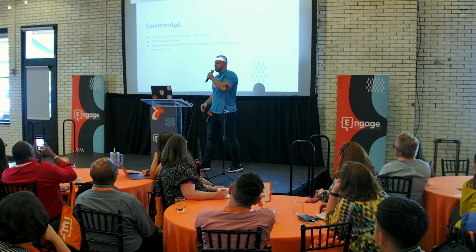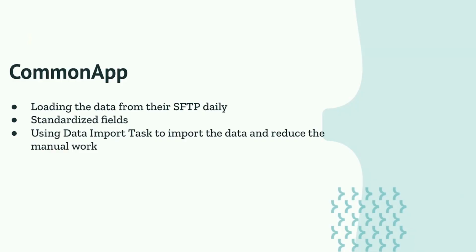I'll try to showcase how we utilized the Element platform to integrate with different systems, and what challenges we faced and how we solved them. First, a lot of you know Common App is a widely used application portal that allows students to apply to multiple colleges and universities simultaneously. They have a process where they export data to their SFTP servers.